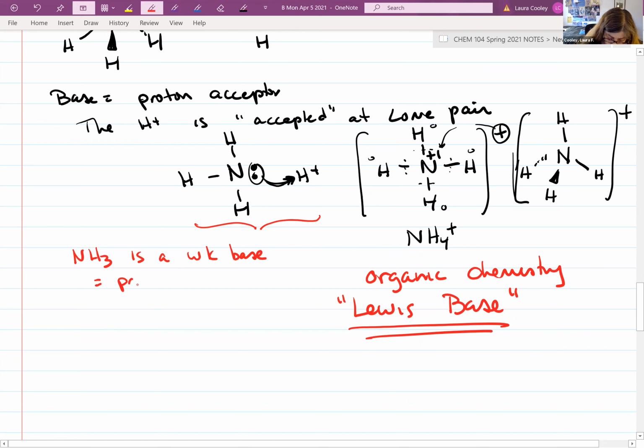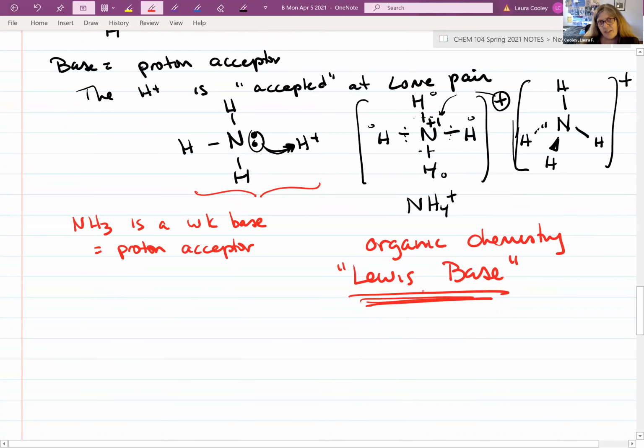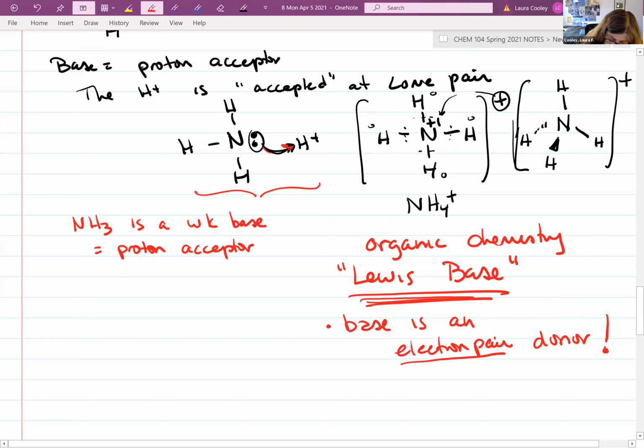It is a proton acceptor. But a Lewis base is yet a different definition of a base, and it says that a base is an electron pair donor. So it's really donating this electron pair to the H plus.